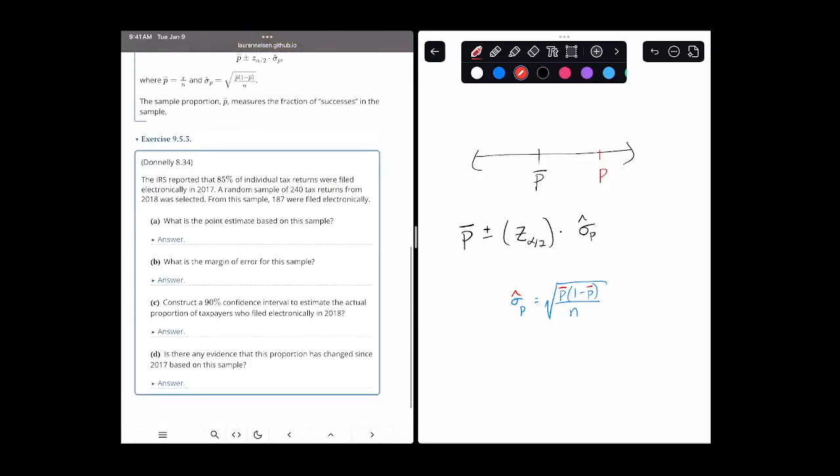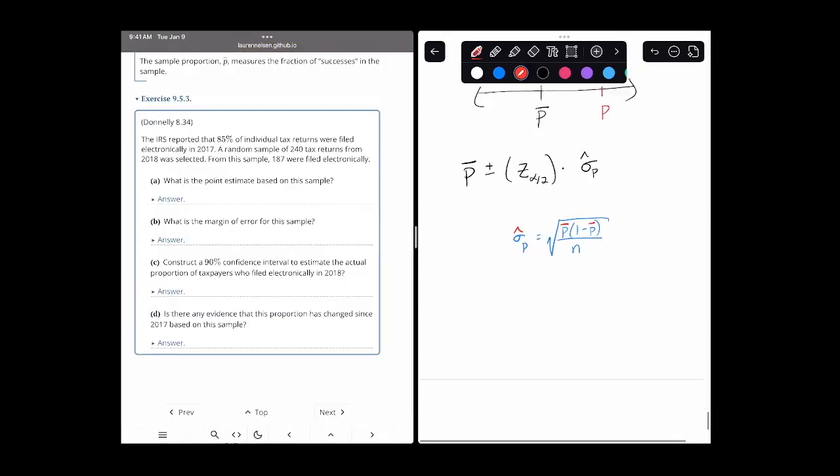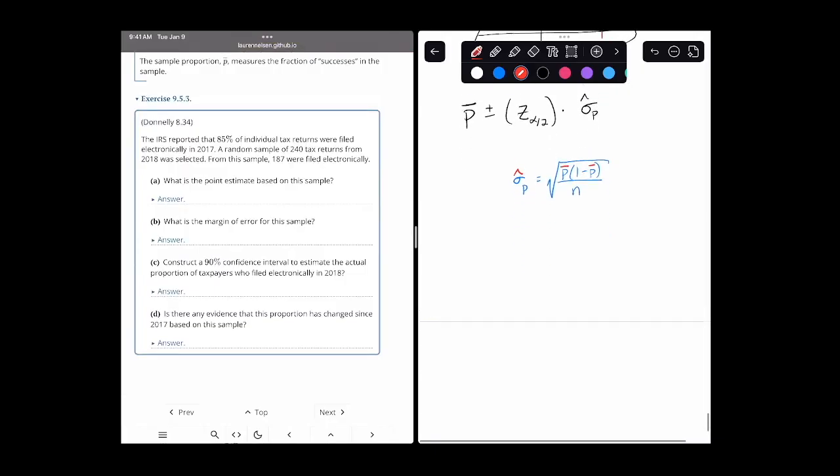Let's take a look at exercise 3 here. It says the IRS reported that 85% of individual tax returns were filed electronically in 2017. A random sample of 240 tax returns from 2018 was selected, and from this sample, 187 were filed electronically. So we're looking at the proportion that were filed electronically. Our point estimate is going to be the sample proportion.